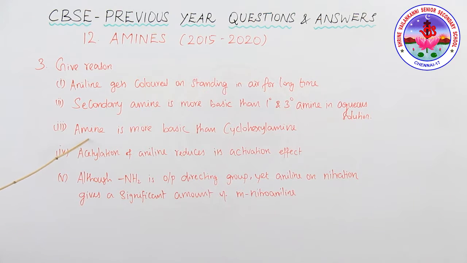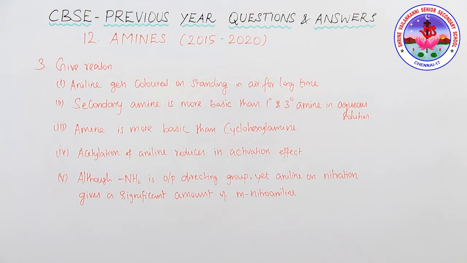The third question is, aniline is less basic than cyclohexylamine. Why? The fourth, acetylation of aniline reduces its activation effect. Then the fifth question: although the NH2 group is ortho or para directing, yet aniline on nitration gives a significant amount of meta-nitroaniline. Why?